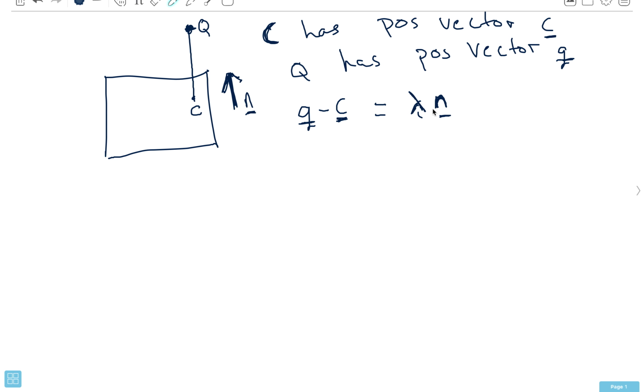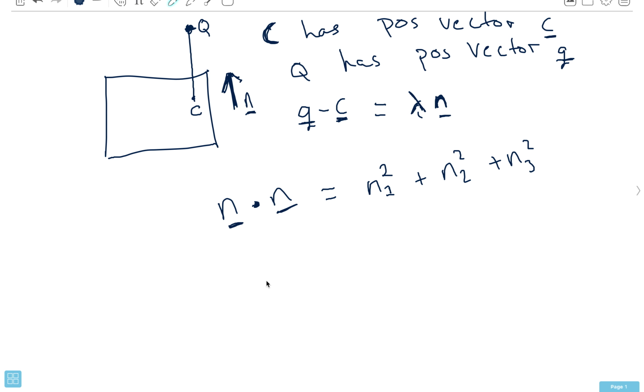Maybe I should... Okay, I'm going to show you something real quick before I switch the page. If we look at n dot n, it's n1 squared plus n2 squared plus n3 squared.